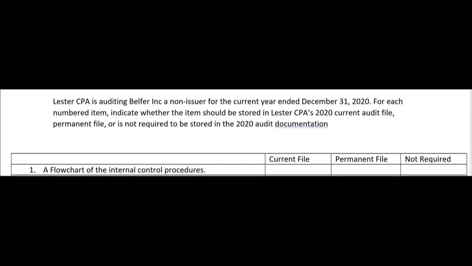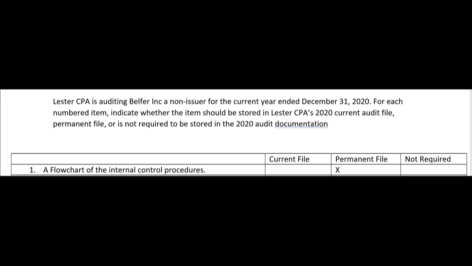Number one, a flow chart of the internal control procedures. And number one would be the permanent file. Why? Because schedules, documents, and records with continuing audit significance for a specific client are stored in the permanent file.